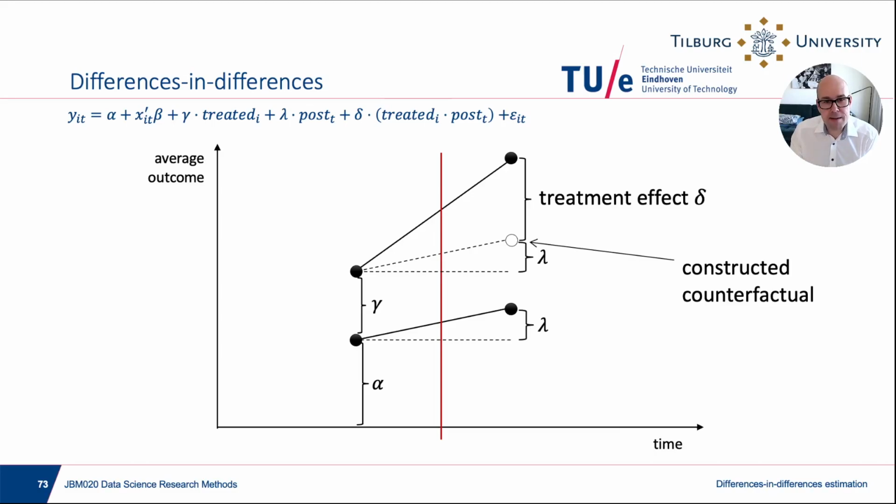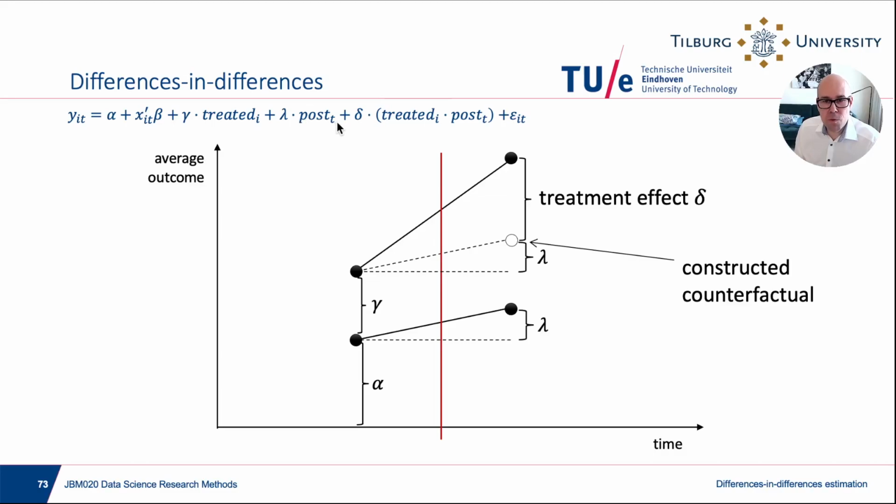Let me just correct that. In fact, I apologize. It should be lambda. So again, I'm looking at the average outcome in the post period for the non-treated individuals. So treated is equal to 0.